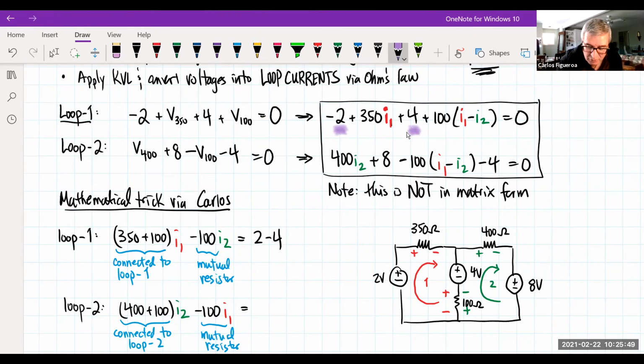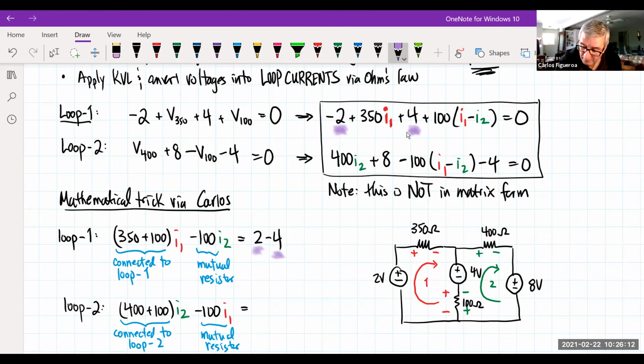I subtract the mutual ones. And then in my head, I say here, I see a minus sign. I take the 2-volt source to the other side, and it becomes what? Plus 2. When I come to the 4, I know that that's a plus, but when I take it over to the other side of the equation, that becomes a minus 4.